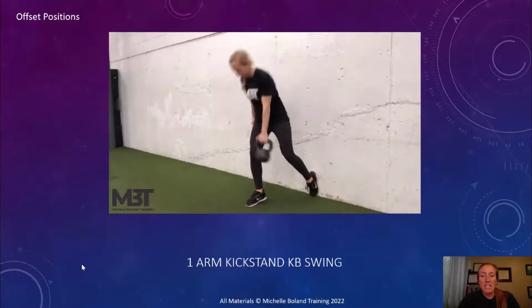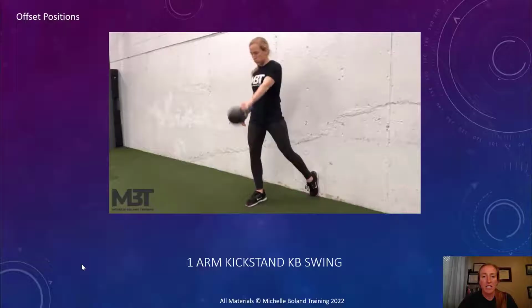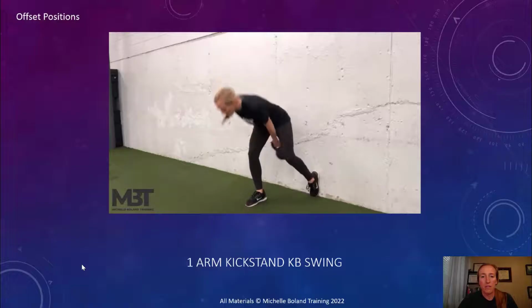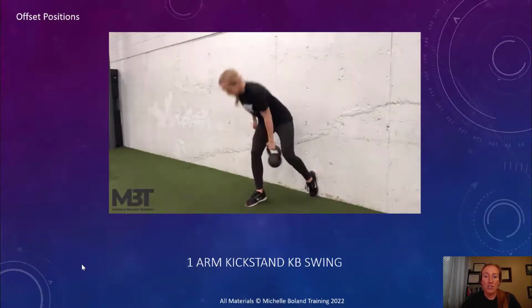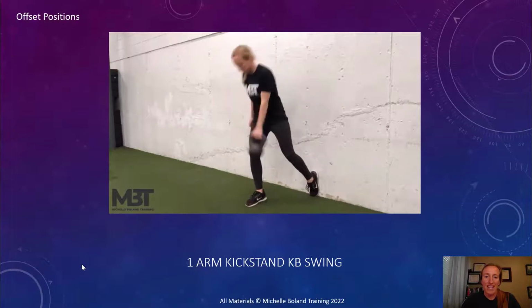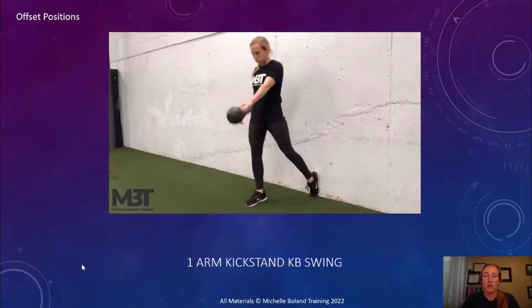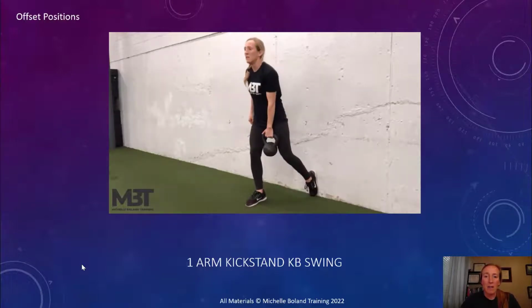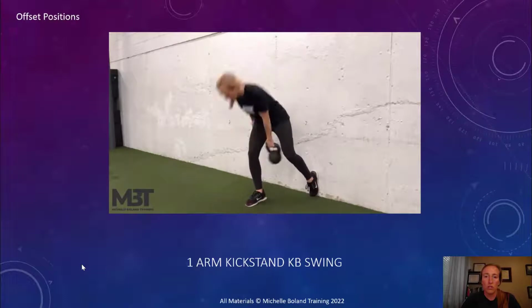Okay. This position is what I would probably categorize as a split stance position. So I have feet split front to back, but my back toe is up, so it's not flat on the ground. In this case, it's wall supported. So with that back leg against the wall, I'm really targeting feeling the heel against the wall, which is going to help me with hip extension.